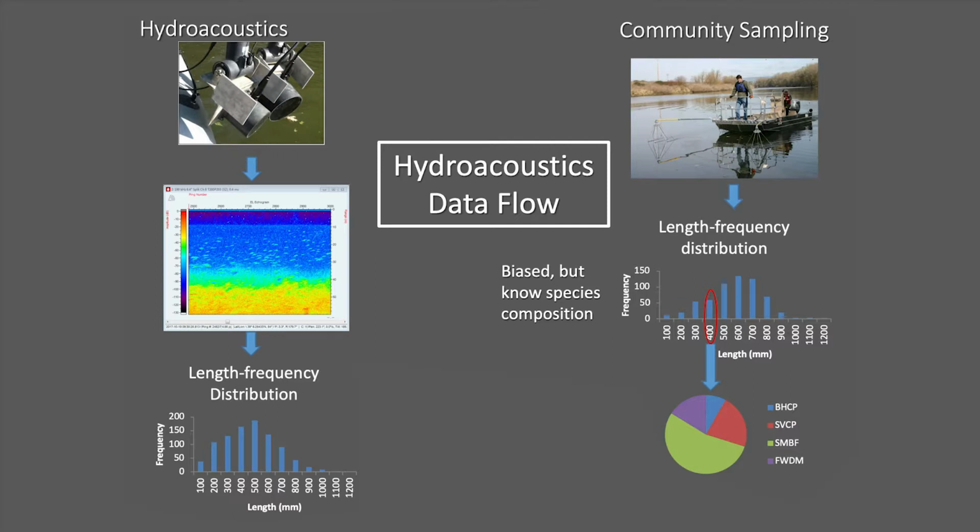Again, all gears are biased, including hydroacoustics. But this is going to give us a little bit more accurate idea of the length distribution. But again, we don't know the species composition of that. So we're using the information on the proportion of these individuals and applying that to this length distribution so we can get a better idea of density as it changes across the length distribution.